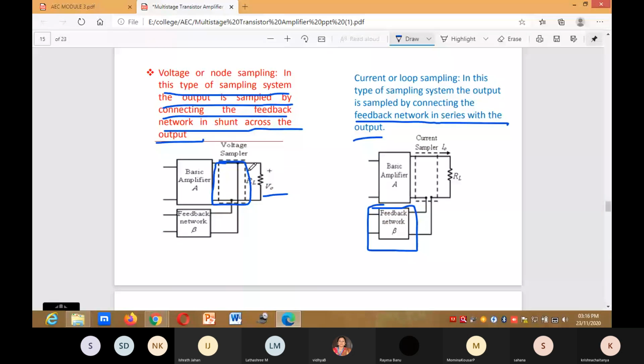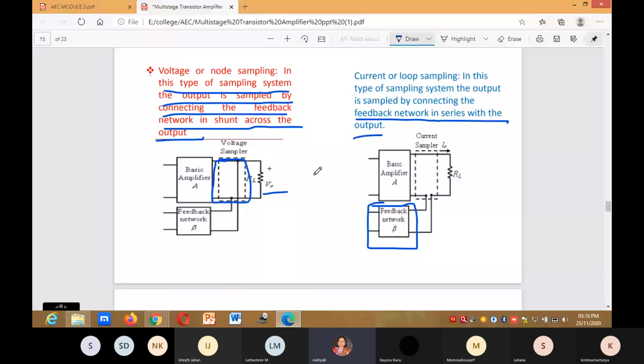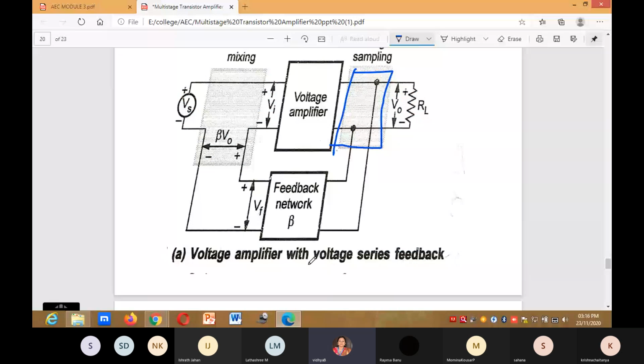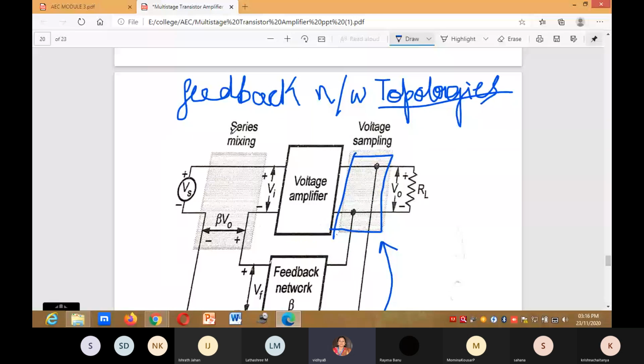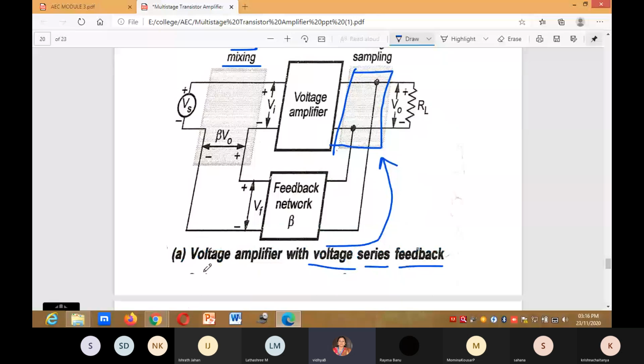So voltage series feedback means the output side is voltage sampling and the input side is series mixing. This is the voltage amplifier with voltage series feedback.